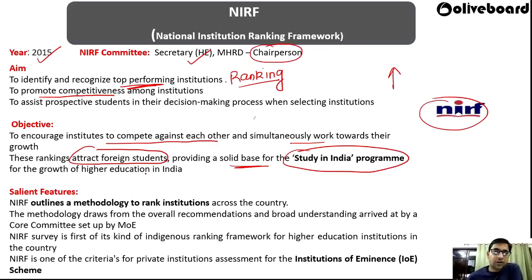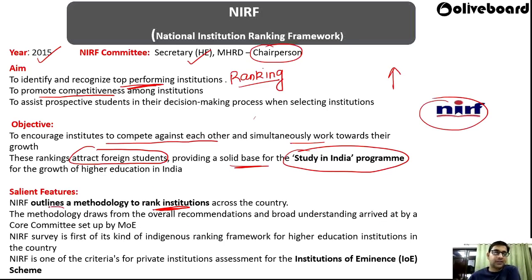The salient feature of this NIRF scheme is that NIRF outlines the methodology to rank institutions. Here we are focusing on ranking the institutions across the country. The methodology draws from the overall recommendation and broad understanding arrived at by the core committee.